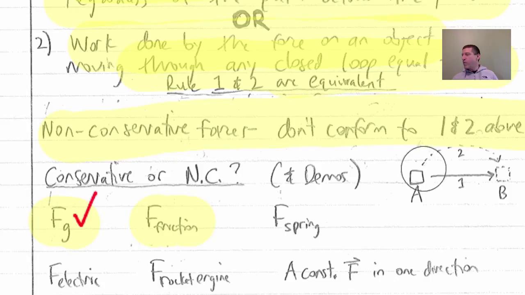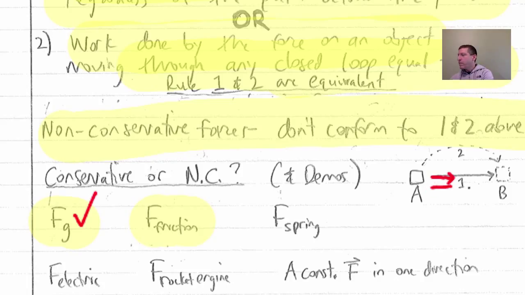So notice if I'm moving this along this path, the displacement is to the right, but the force of friction, here's displacement, force of friction, using a different color, will be to the left.